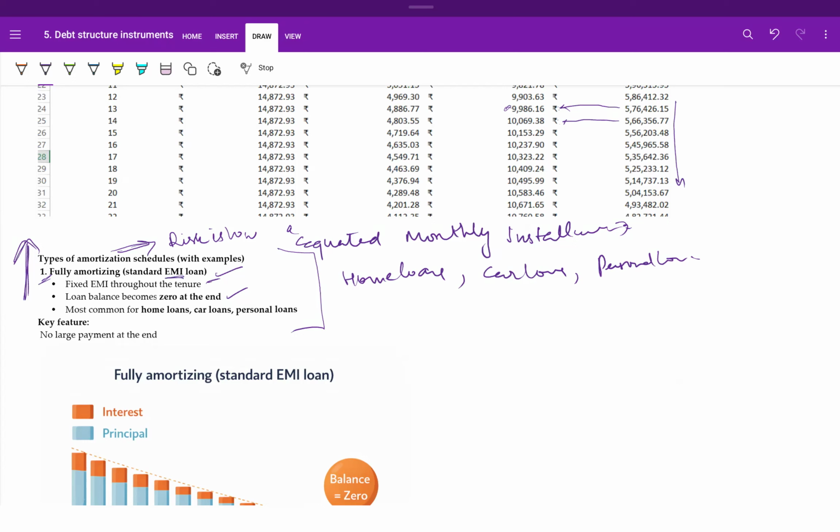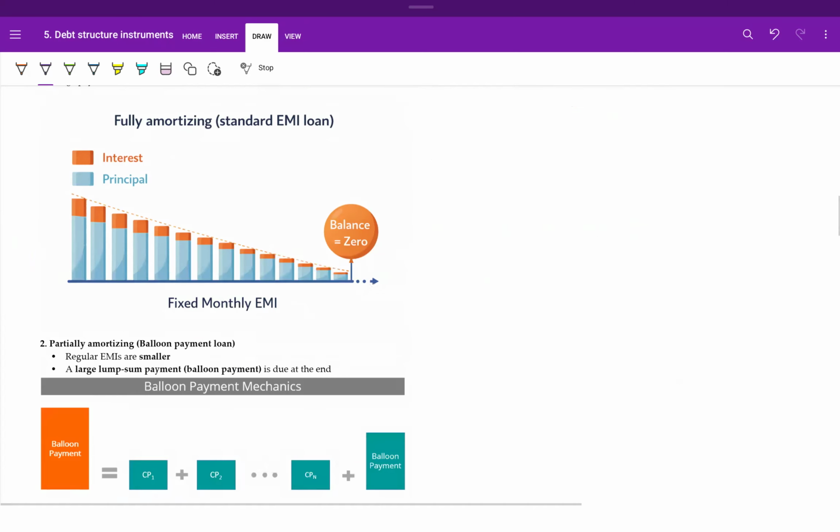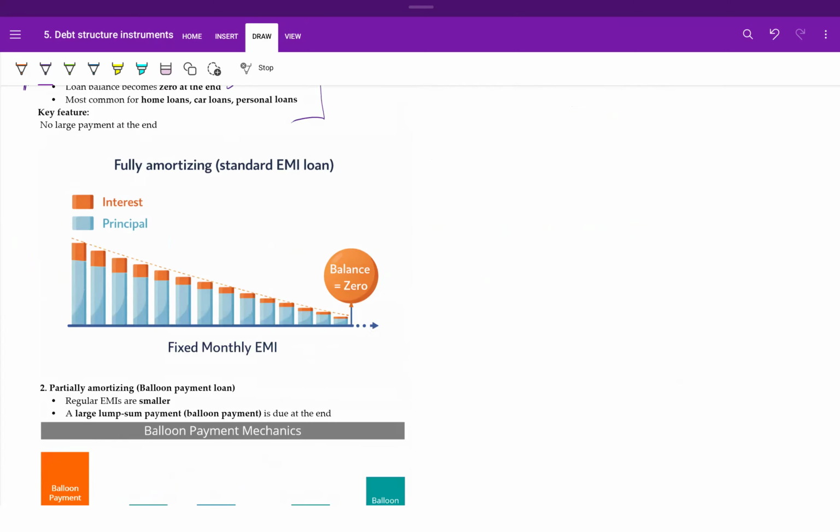All right, this is how a fully amortizing loan looks. This is the principal component. Every month, with EMI meaning monthly installments, the bank, or whosoever is the lender, is taking out the interest component.